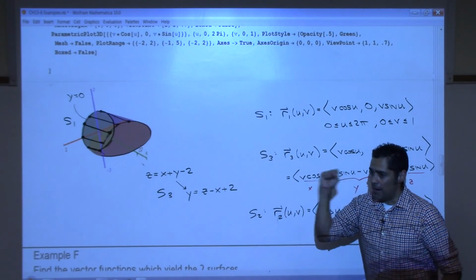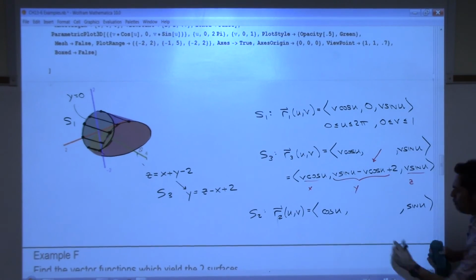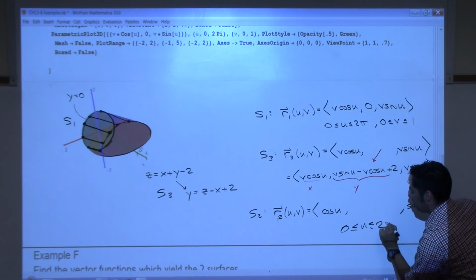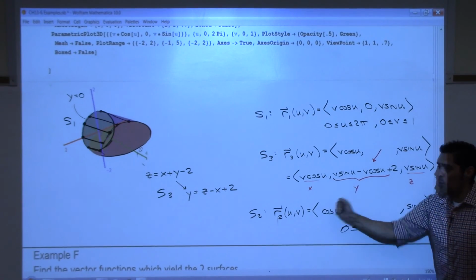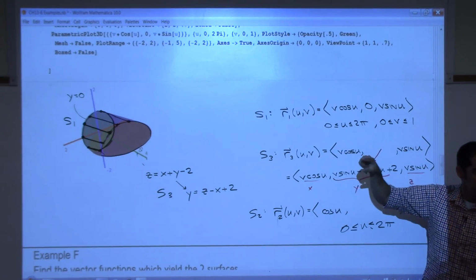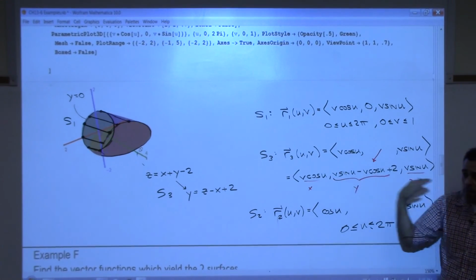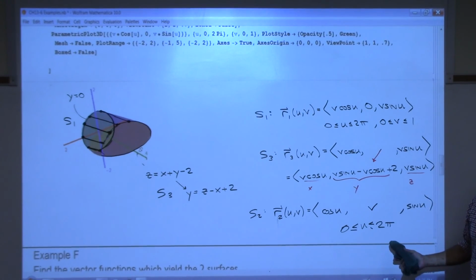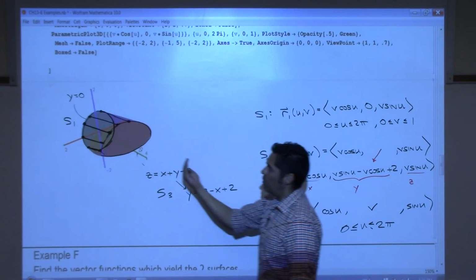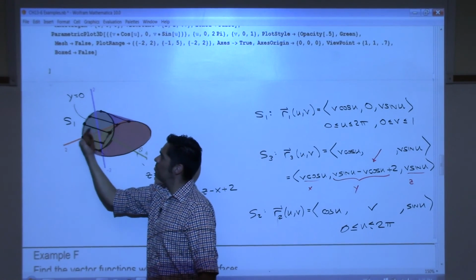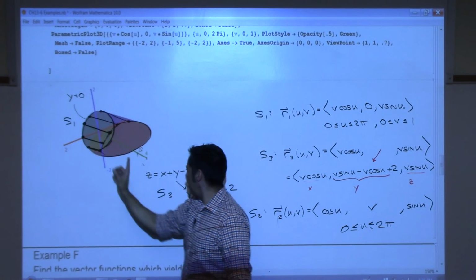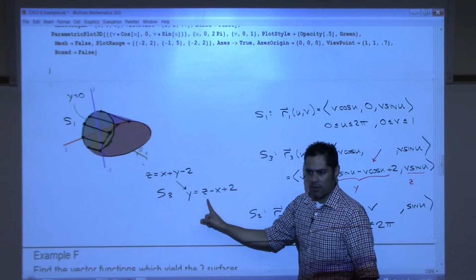I pick the point, I fix the point, which would be, I plug in one of these u's, any u between 0 and 2 pi, plug that u in, I've got a point on that circle. Then I want my y coordinate to go back and forth, so I'm going to let it just be v. And that v has to be stuck between what two y values? 0 is the back, and the front y value is this plane right here.